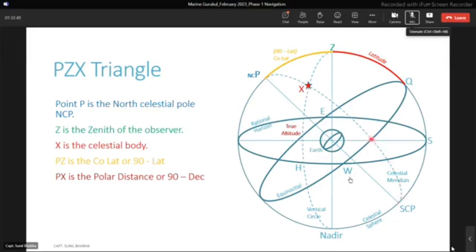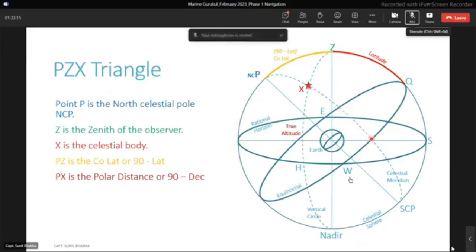Now from this point, if you measure the arc of the celestial meridian up to the body X, what is this? This is the arc of the celestial meridian contained between the equinoctial and the center of the celestial body. This is the definition of declination.